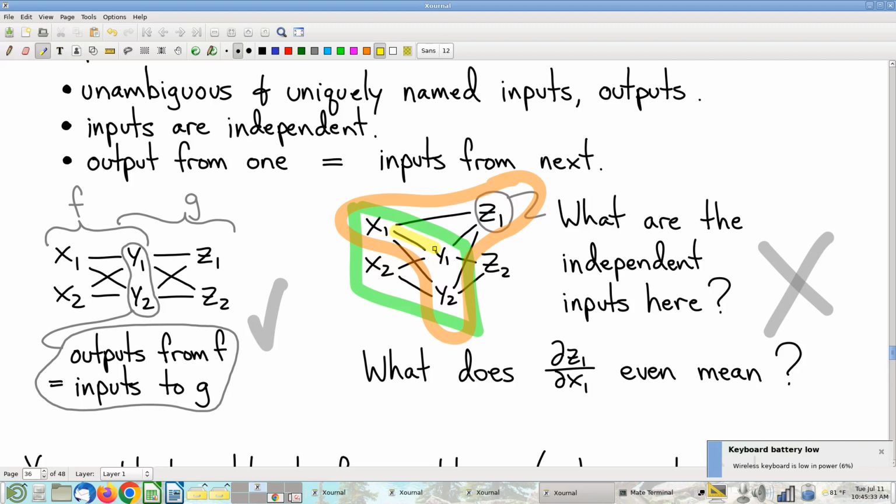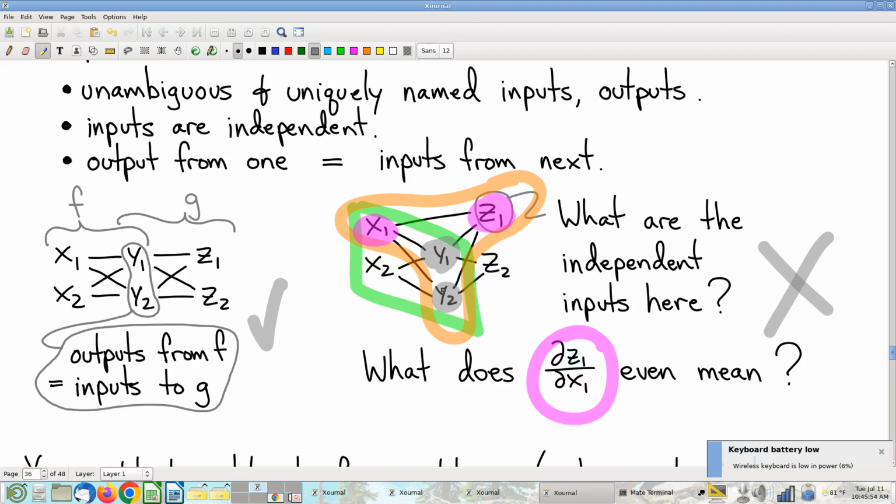y1 is a function of x1. Right? What would it even mean, for example, if I were to say, let's talk about the partial of z1 with respect to x1? So, okay, there's z1, there's x1, and I'm taking a partial derivative, so I guess I have to hold y1 and y2 constant. Wait a minute. You can't.